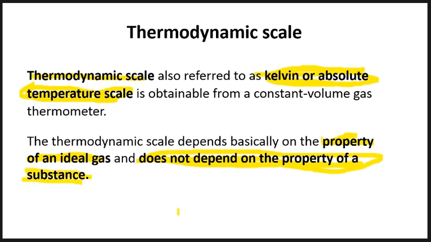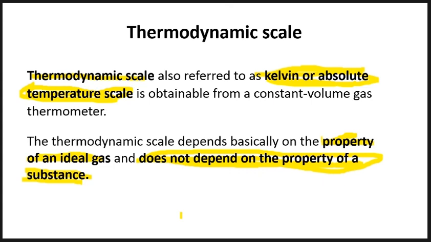So the thermodynamic scale doesn't have anything to do with thermometric property or physical property of a substance. It only depends on the property of an ideal gas, which is only based on assumption, because an ideal gas doesn't really exist. We only assume that it exists.